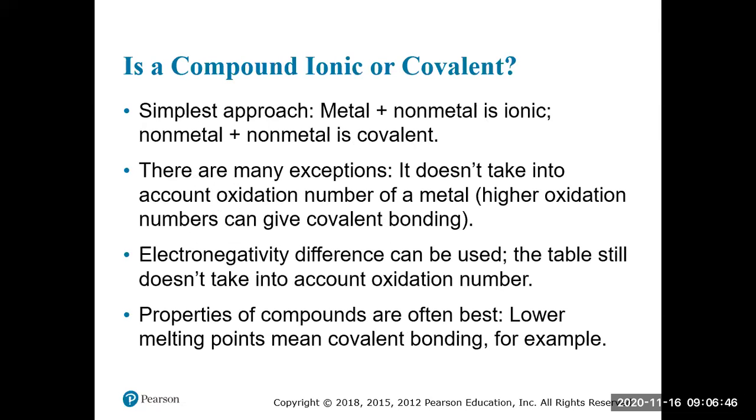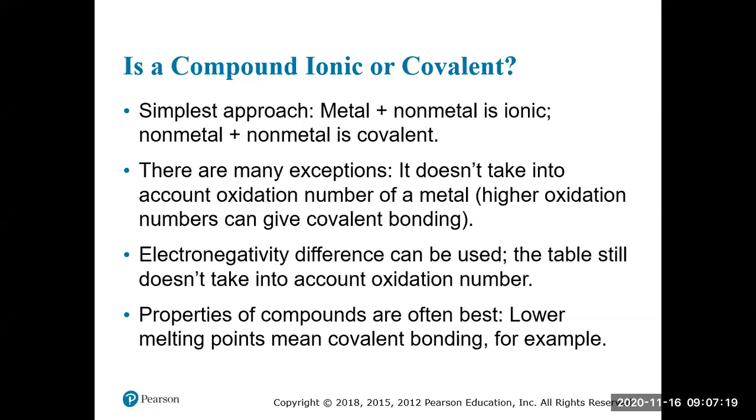Okay, we talked before that when we're trying to decide if a compound is ionic or covalent, the easiest way to remember is metal plus nonmetal is ionic, nonmetal plus nonmetal is covalent. But at this point in the semester, you probably know there are always exceptions to these rules. So this is a pretty good rule, but there are exceptions.